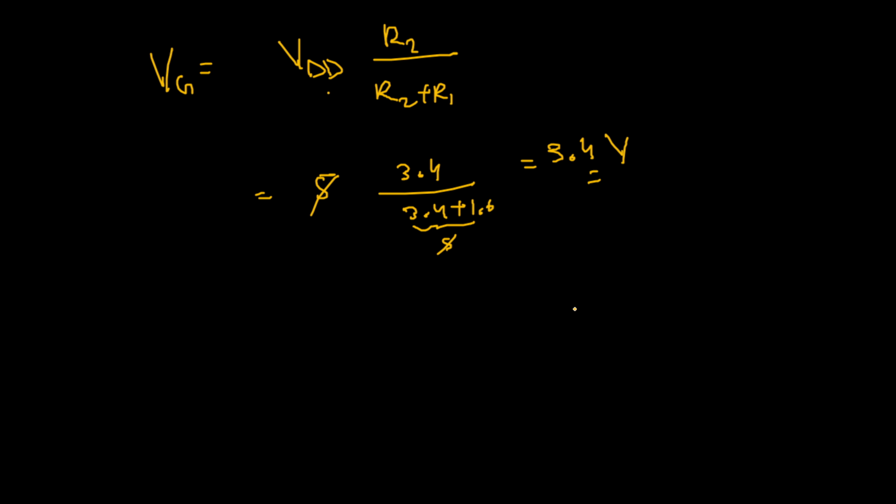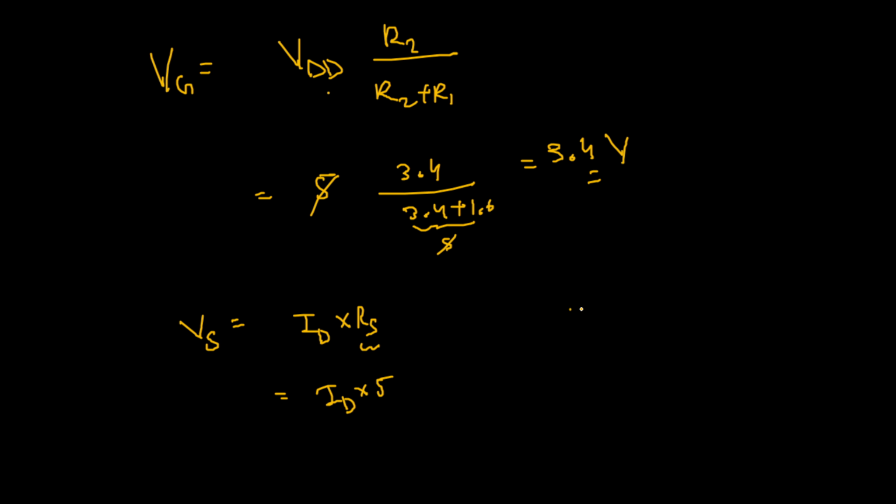The next thing that we'll look at is VS. We know that VS is equal to ID into RS, because ID is the same as IS, and we know RS to be 5 kilo ohm. So VS is just ID into 5.